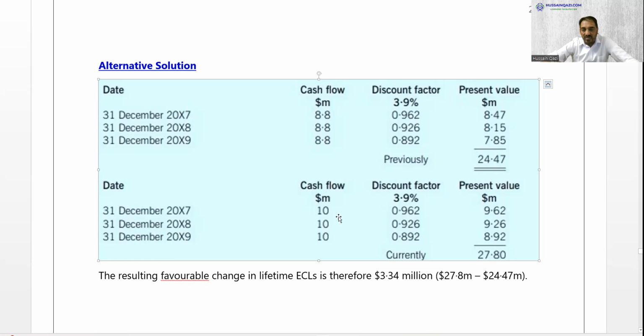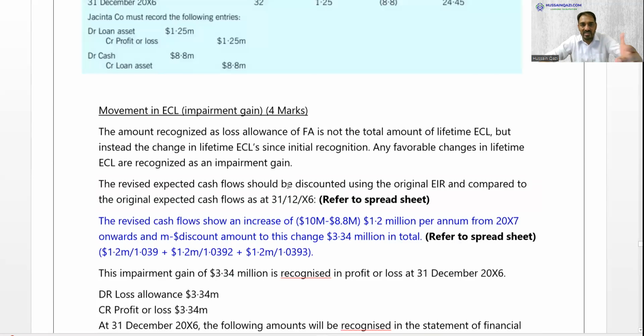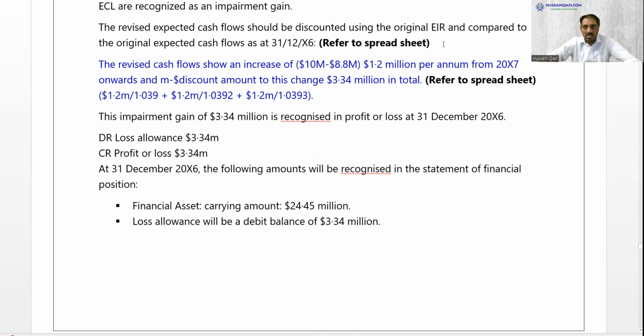If they will receive the higher amount, that's 10 million, the value is 27.8. So that means the value increases, 27.8 minus 24.7, so the change becomes 3.4 million. So you can also work with this alternative solution. But if you are comfortable with the first, no need to refer to the alternative. So that is all about this part of the question.